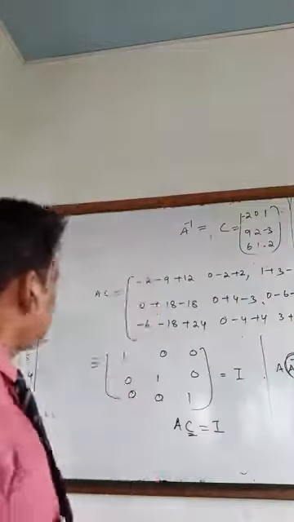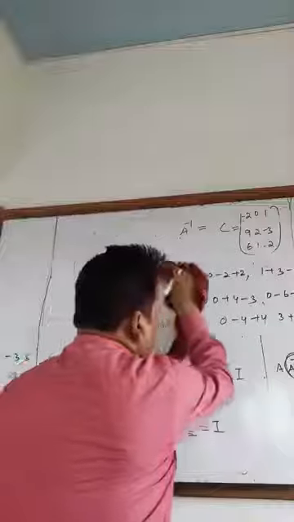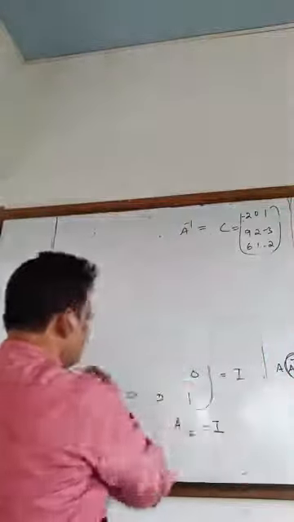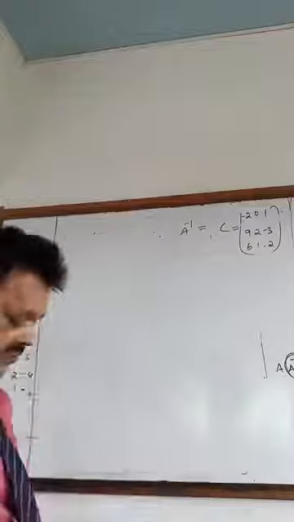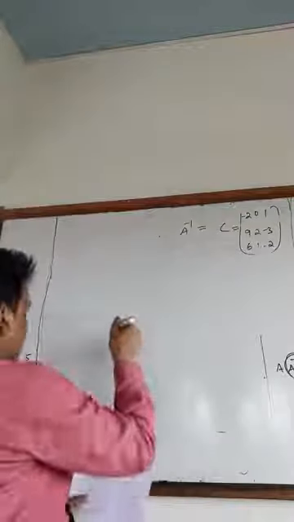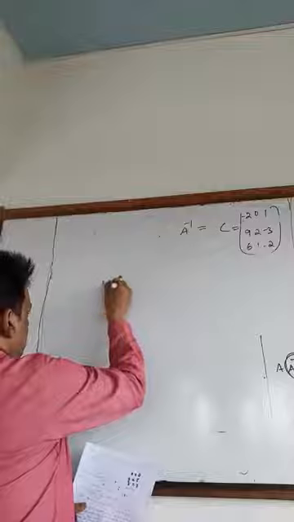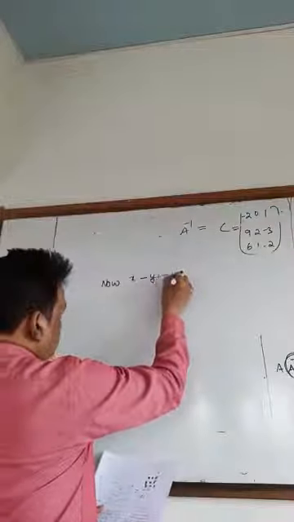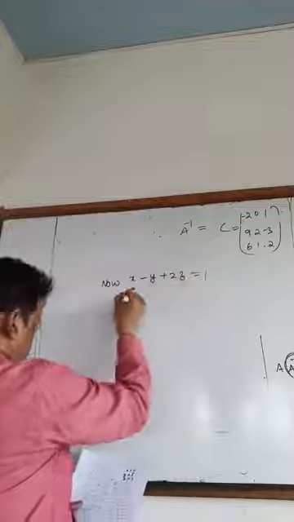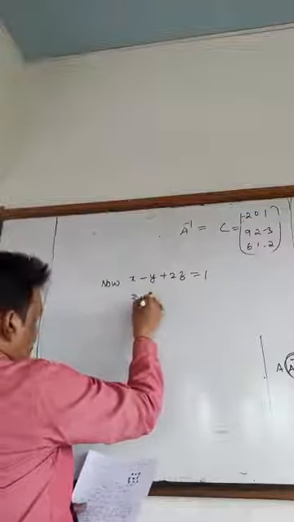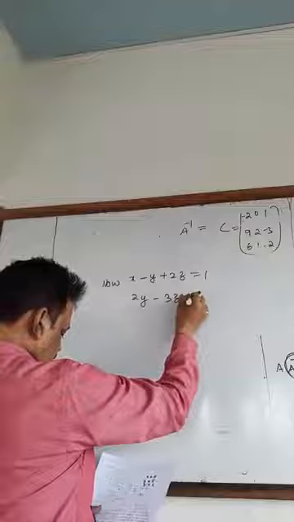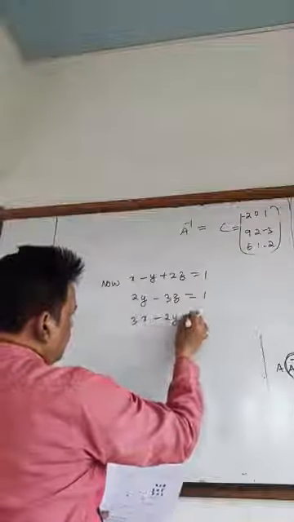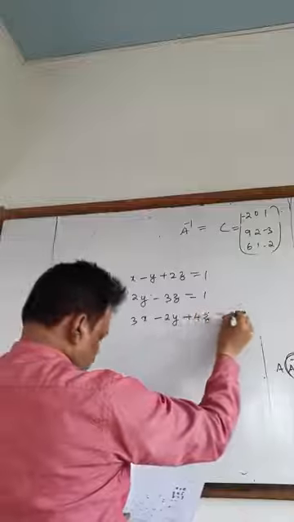So what are the equations given to us? Let's solve it. The equations given to us are x minus y plus 2z equals 1, 2y minus 3z equals 1, 3x minus 2y plus 4z equals 2.